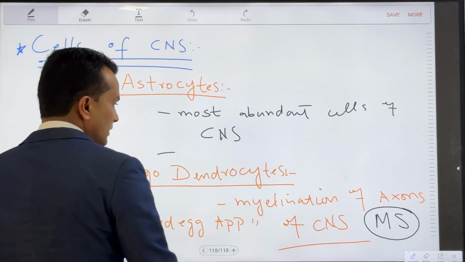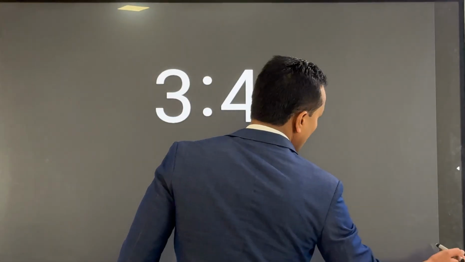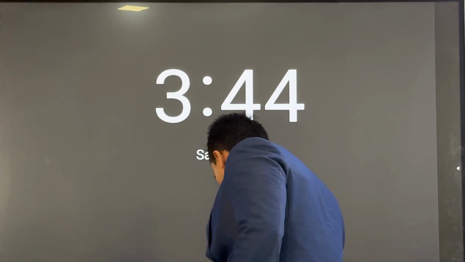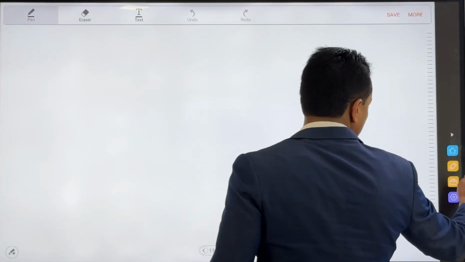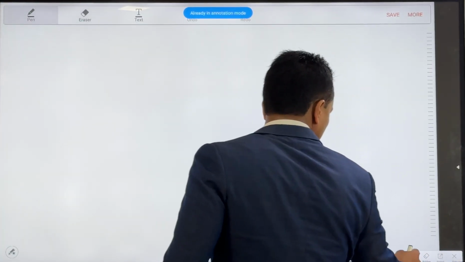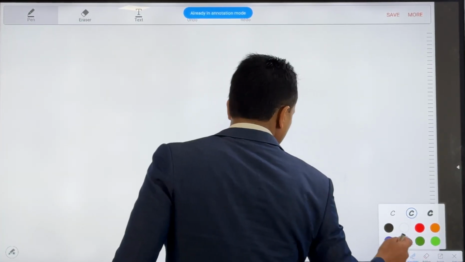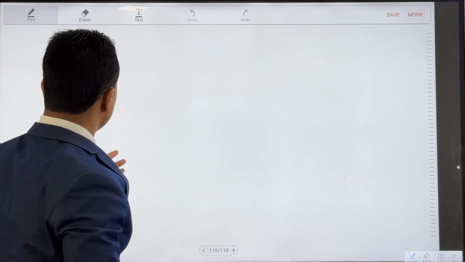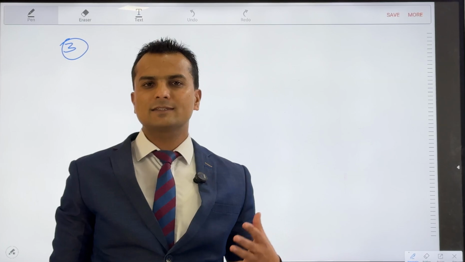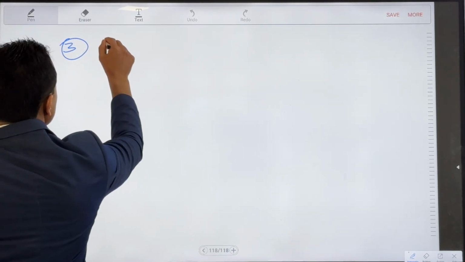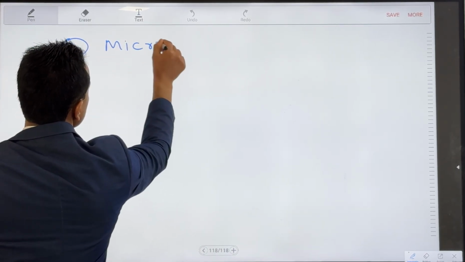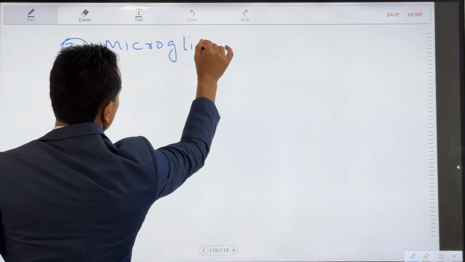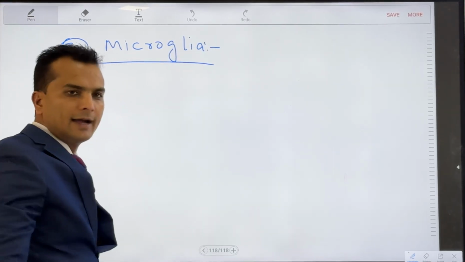After the oligodendrocytes, number 3, we have these very important cells called microglia. After microglia we will discuss ependymal cells.